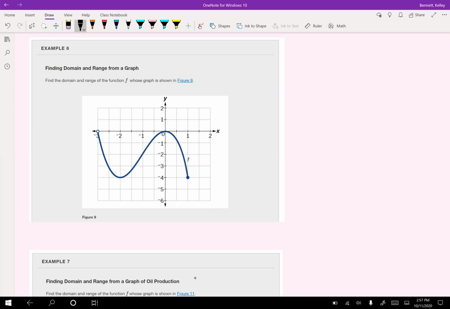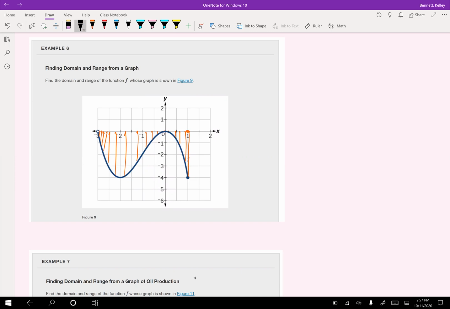So it's really going to be everything but -3, and then we're going to keep going. And on the right-hand side, I am going to include 1 because I have a closed dot there.